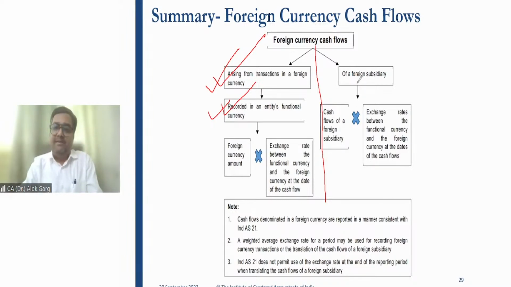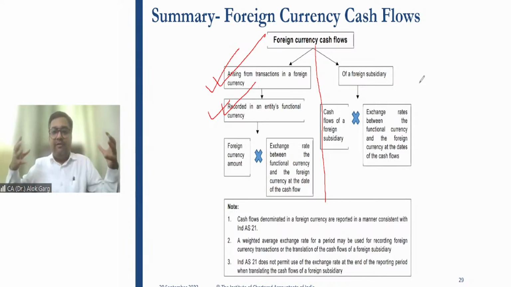But what happens if you are consolidating a subsidiary which is in a foreign currency, which is a foreign subsidiary? So of course you will get the balance sheet, P&L, and cash flow statement of that subsidiary. So you have the cash flows of a foreign subsidiary, let's say in US dollars, that foreign subsidiary is in USA, and during the entire year the foreign subsidiary has generated cash flows.